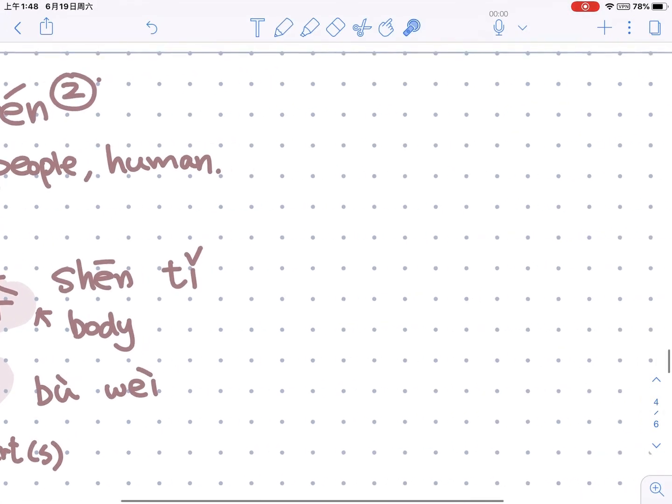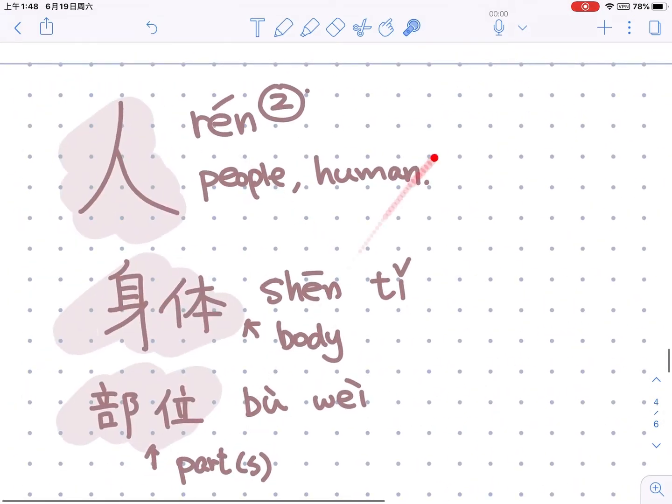That means in Chinese, you would never hear somebody say 人身体 or 人部位. That's just not how we say it in Chinese. But you would hear people say 身体部位. These two are usually connected with each other.